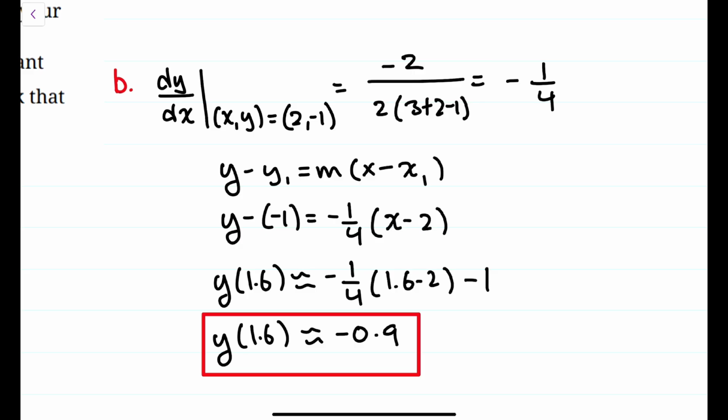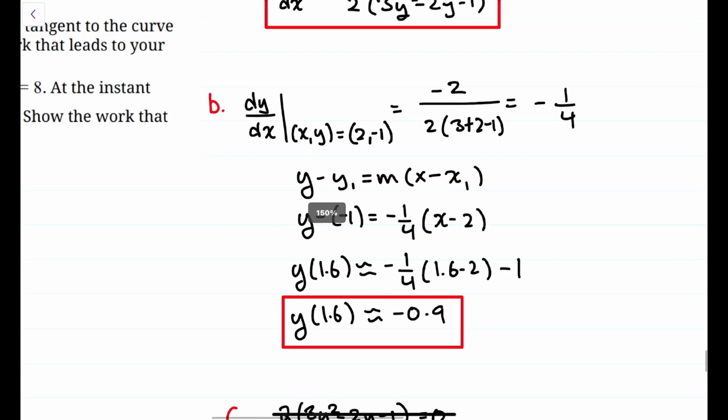Then we use the tangent line formula. Our y1 is -1 and our x1 is 2. So we plug that all in and then replace x with 1.6. And then don't forget the approximately equals sign. So y of 1.6 is approximately equal to -0.9.